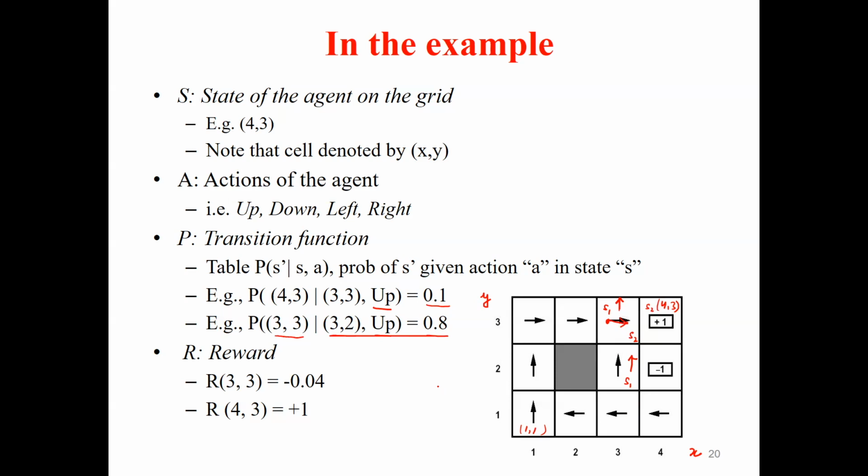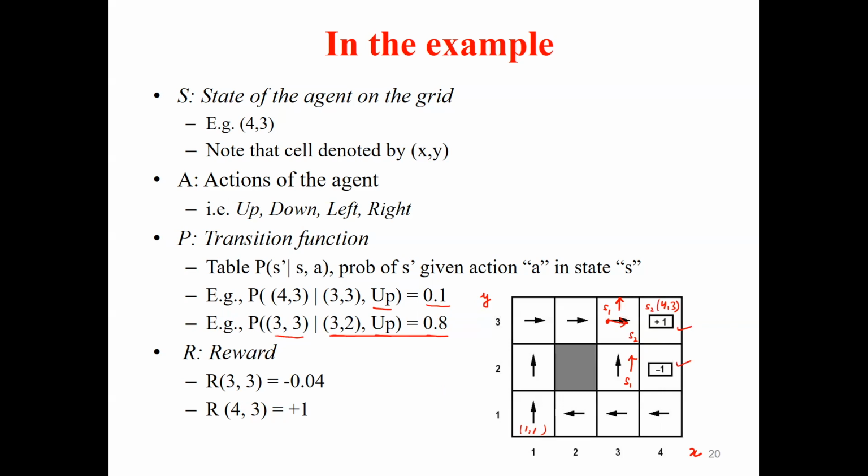The last component is reward. So maybe a reward for being in any non-final state. In this case, the final states were where +1 is written, which are 4, 3 and 4, 2. So these are the final or deterministic states.